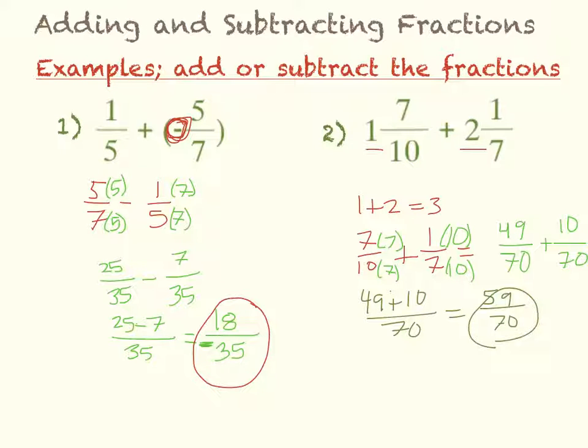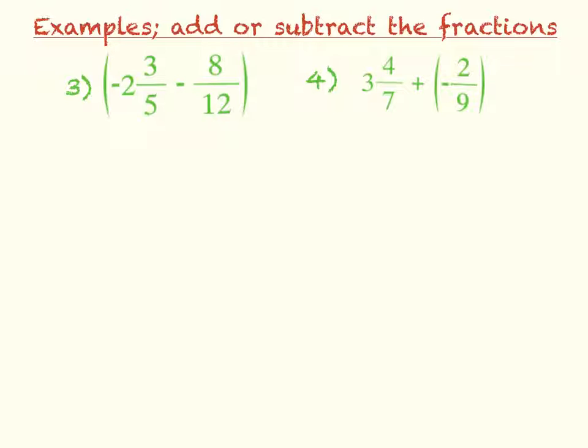And if you check, that is in simplest form, so we put that together with the whole number part, and we have a final answer of 3 59/70. Now you also could have changed that to improper fractions and then done it that way, but it would be the same answer.